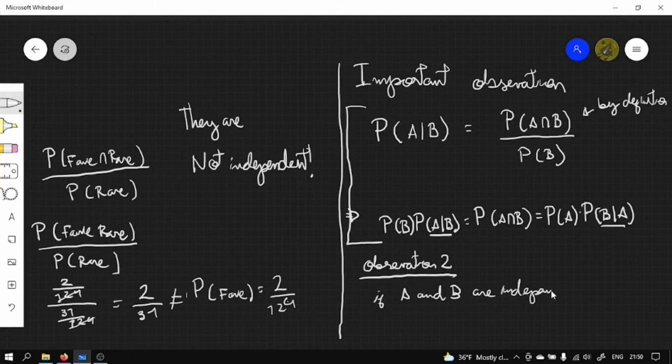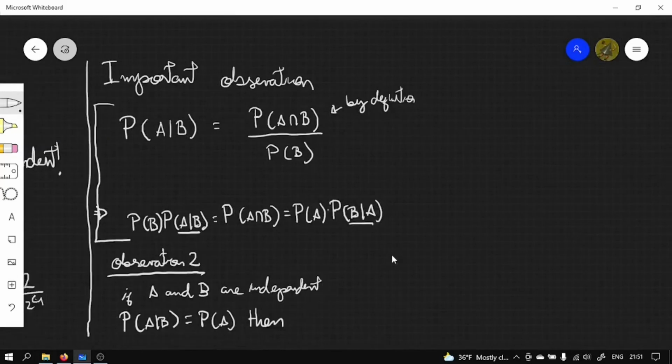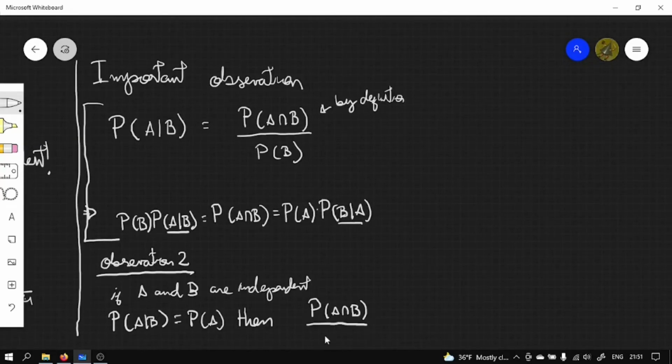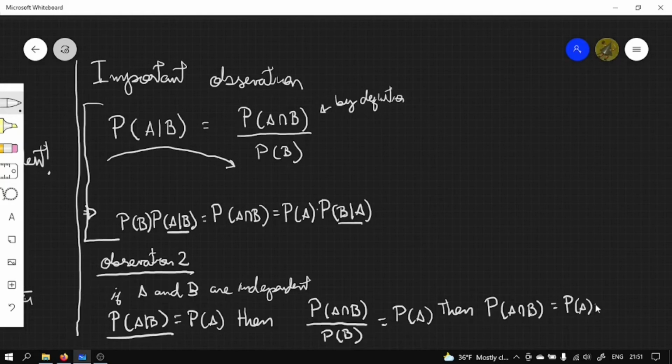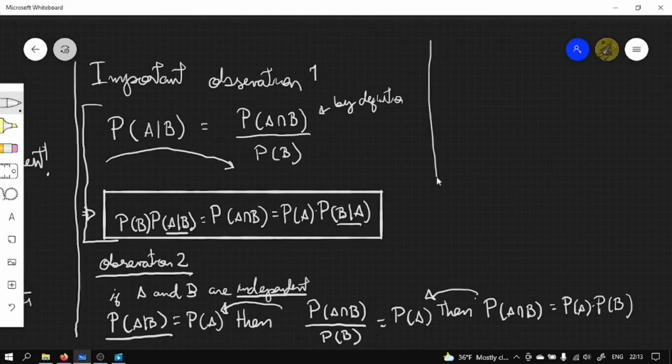And now we have a second observation: if two events are independent, then the probability of A intersection B is equal to the probability of A times the probability of B. This is not the definition of independent variables, but it is a consequence of the definition.